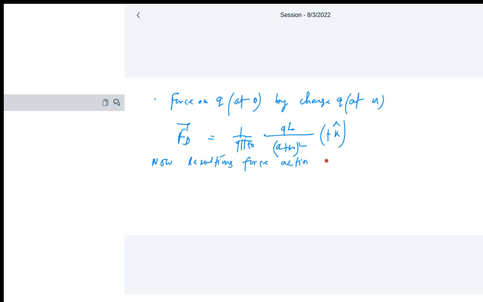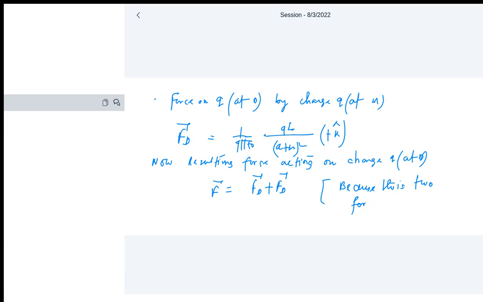Now the force on charge Q at D is F vector equals F_DA plus F_DB, because these two forces are acting along the same line.